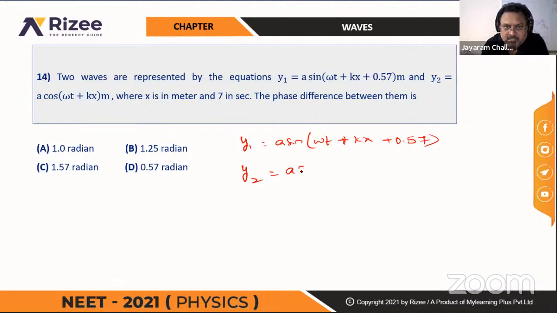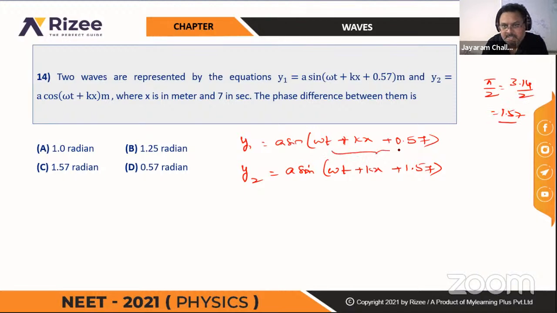That is a sine of omega t plus kx plus 1.57, because to convert cos to sine, I need to add pi by 2. Pi by 2 means 3.14 by 2, which comes out to be 1.57. This entire thing is the phase of the first wave. This entire thing is the phase of the second wave.